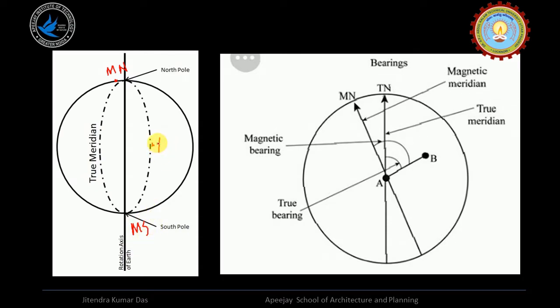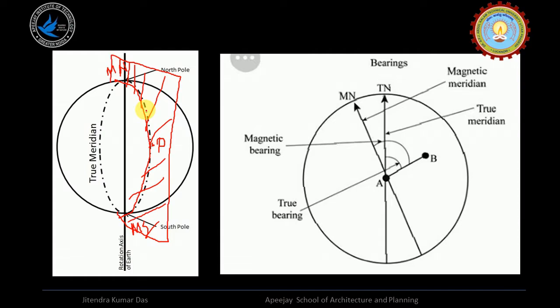Suppose at any point P we want to know the magnetic meridian. Our imaginary plane can be imagined which passes through the magnetic north, the point P, and the magnetic south. This imaginary plane is our magnetic meridian.